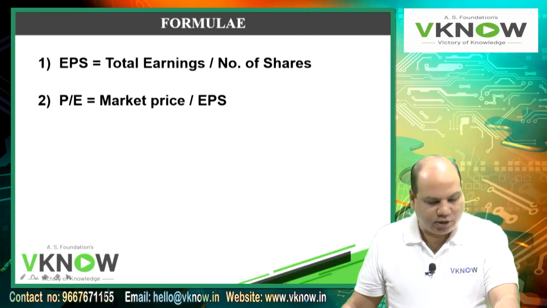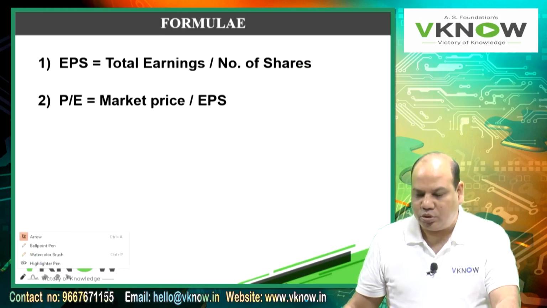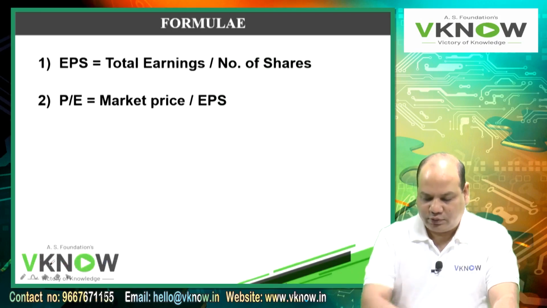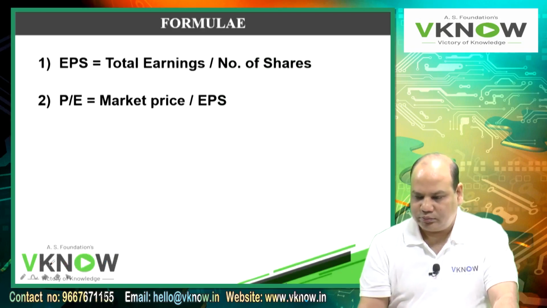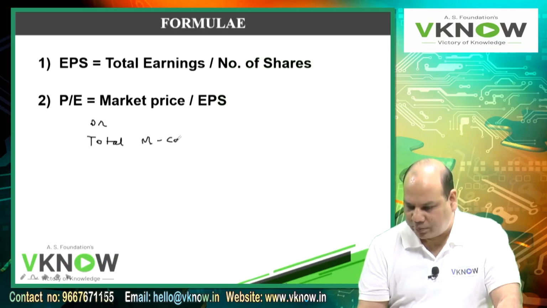Next basic formula in this chapter is P/E ratio, which is market price upon EPS, or you can also say it is total market capitalization divided by total earning. So I will write one more formula here: total market capitalization divided by total earnings.